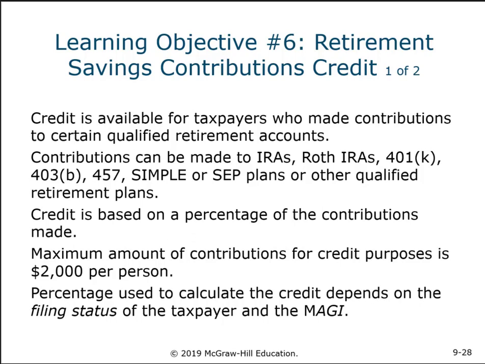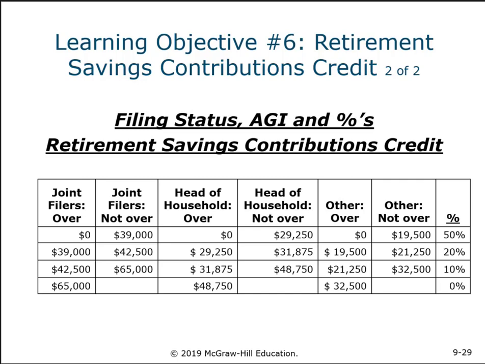And your percentage, how much you can use, is dependent on your modified adjusted gross income and filing status in the following way. Here is the chart, if you will, reproduced from your textbook. If you're joint, your income's between those two levels, okay, then you get 50% of the amount you put into savings up to $2,000.